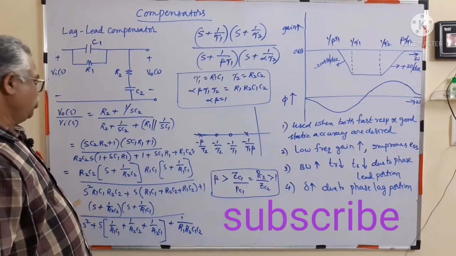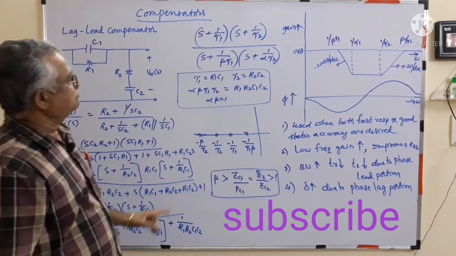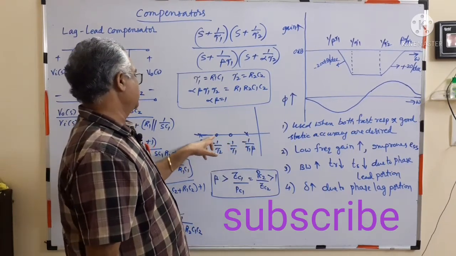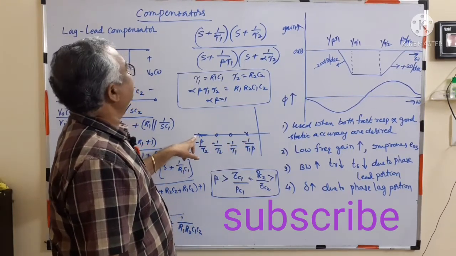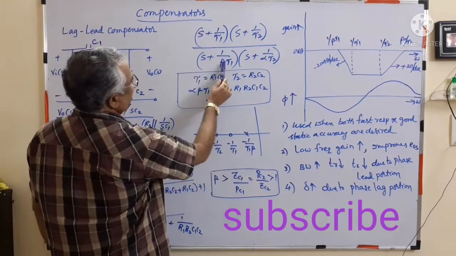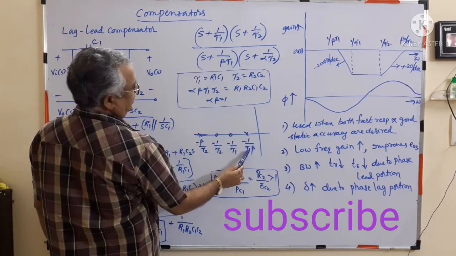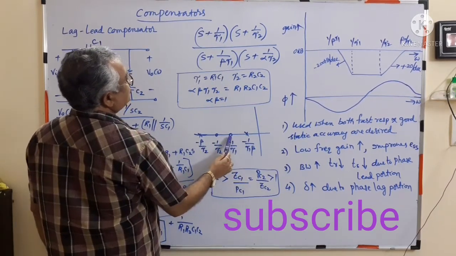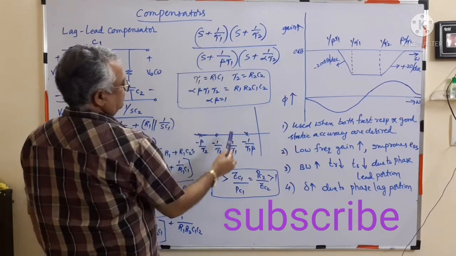Next, the pole-zero configuration. First you get a pole, then a zero, then a zero, then a pole. The first pole is at minus 1 by tau 1 beta. Next, the zero at minus 1 by tau 1.